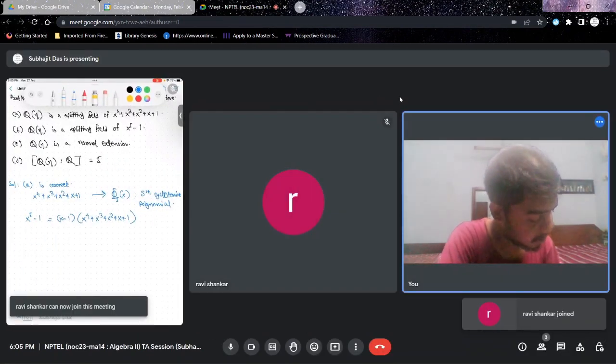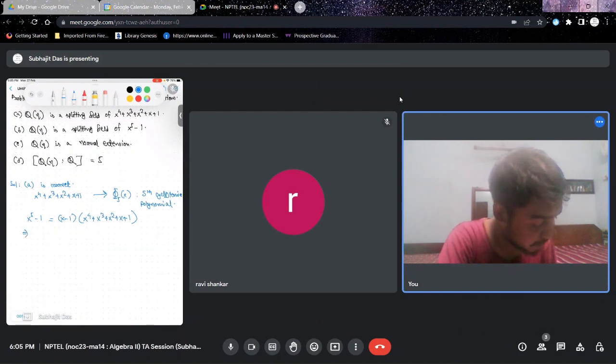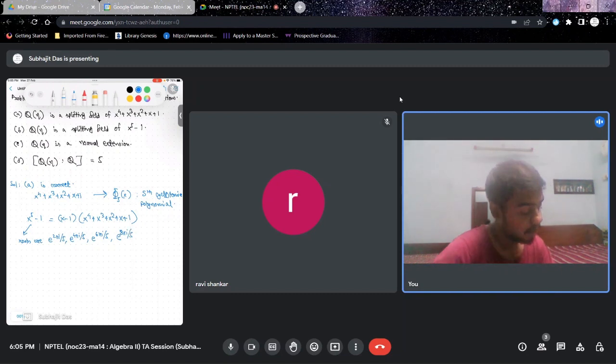We know that the roots of x to the power 5 minus 1 are precisely e to the power 2 pi i by 5, e to the power 4 pi i by 5, e to the power 6 pi i by 5, e to the power 8 pi i by 5, and 1, right?